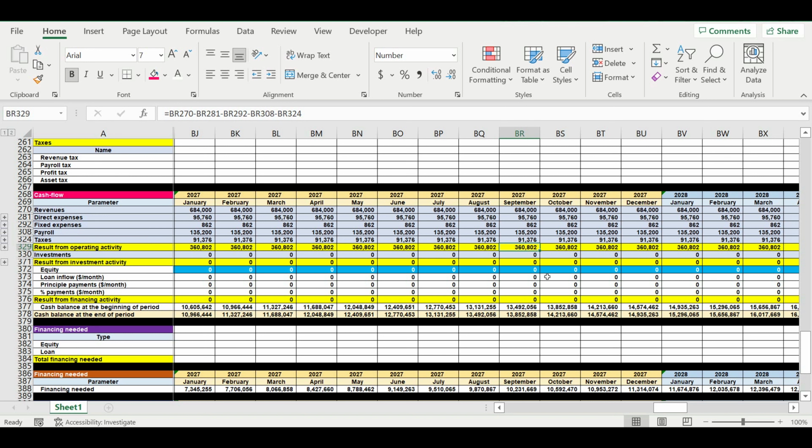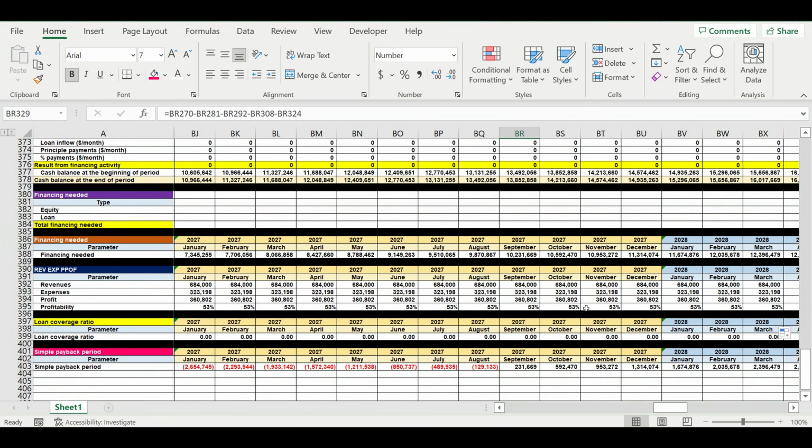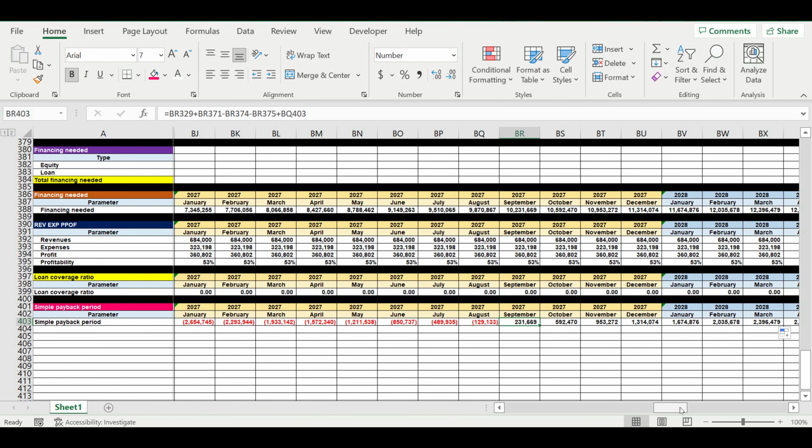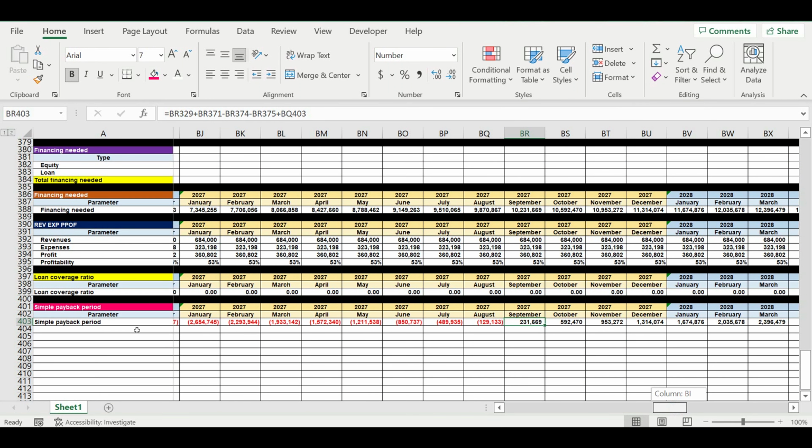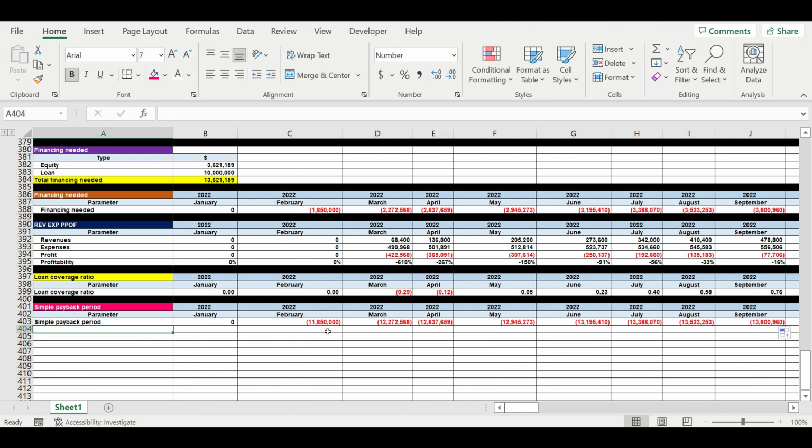So in August we got back all our money that we invested in the business, and in September this money is extra profit that we finally gained. So now we can calculate the amount of this payback period.